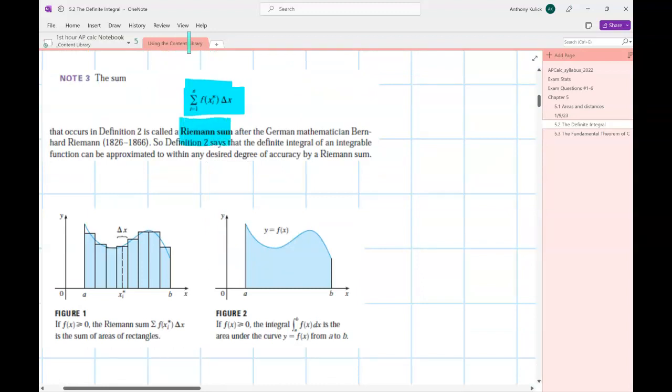It's called the Riemann sum, or a Riemann sum, where Bernard Riemann was a German mathematician. He was, I believe, Carl Gauss's PhD advisor, and they worked together quite closely, and he is maybe the most prominent mathematician of his era.